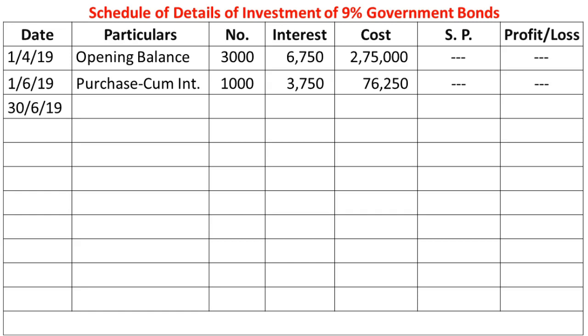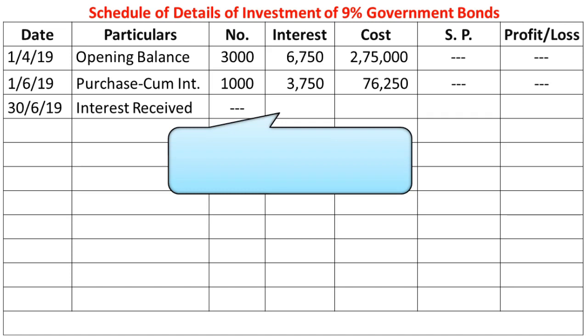Now we have to record only in the column of interest. How to calculate the amount of outstanding interest up to 30th June 2019? We have 4,000 bonds with us: 3,000 as opening balance, and 1,000 bonds we have purchased freshly. So we have 4,000 government bonds up till now.